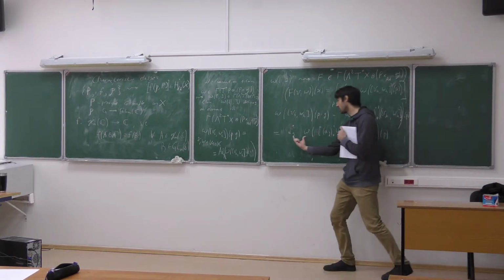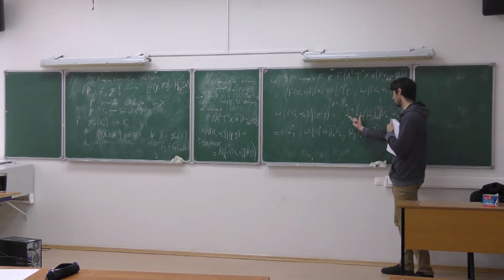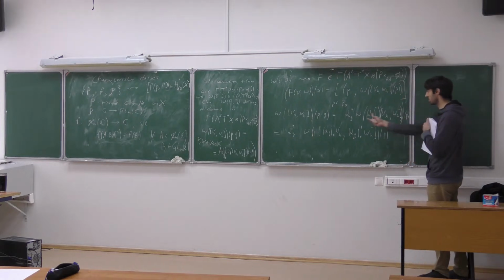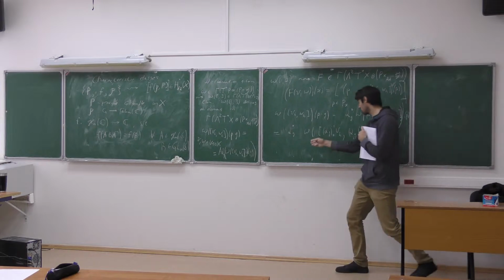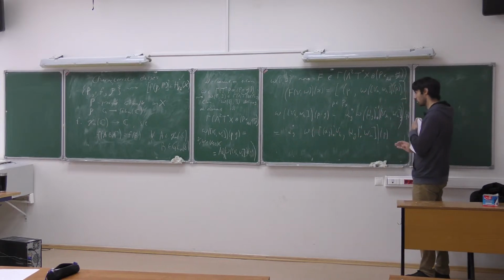So this is really the pullback of this thing. So this comes together. And then I take this form evaluated at this thing at point P.